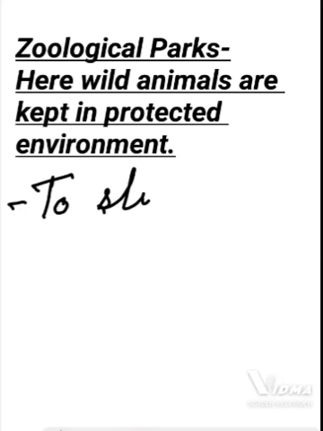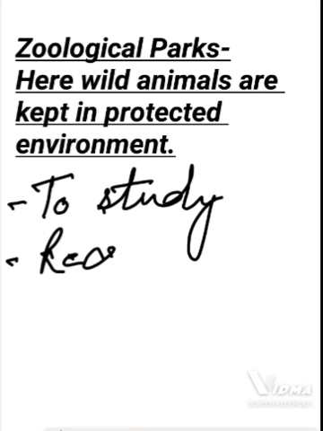So many students or taxonomists come to study about these animals. Even here also the local name, the zoological name, their habit, everything is written on those cages, and people also come for recreation to the zoological parks. These are also known as zoos.